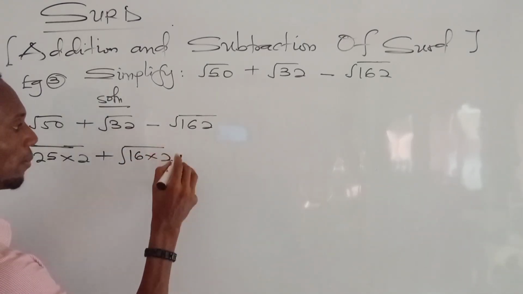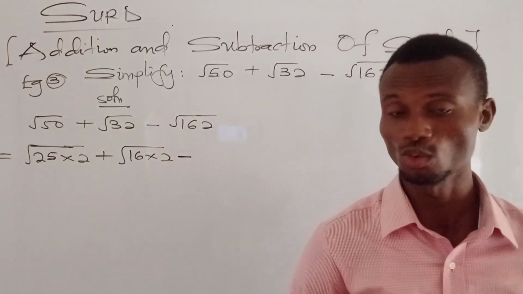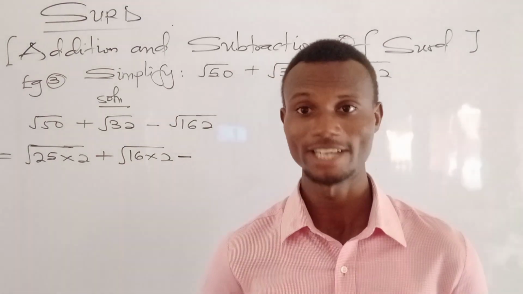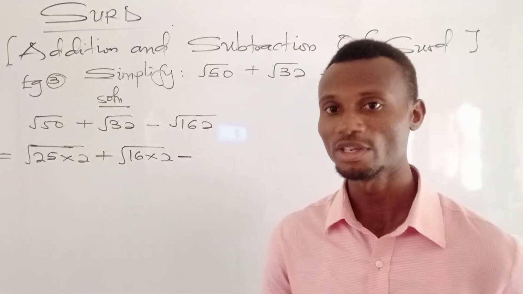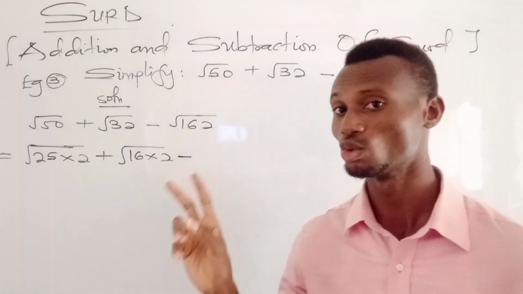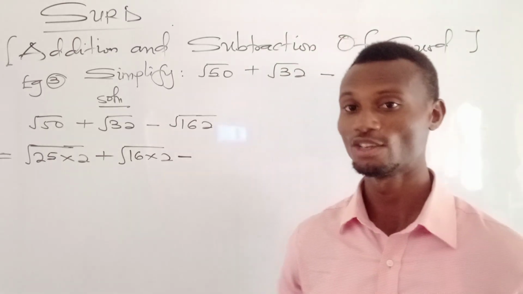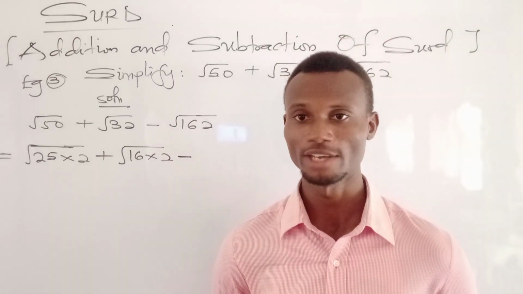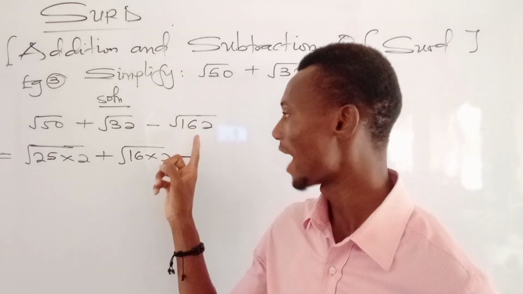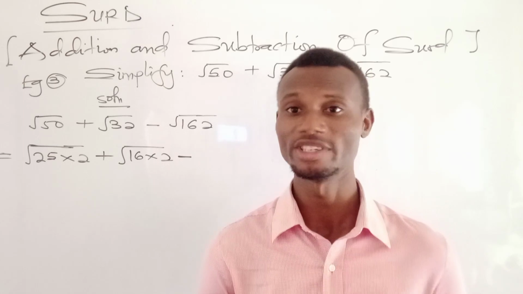Then now minus. Now the square root of 162 also, we are going to simplify it using the same process. You look for two numbers that can multiply to give you 162, but one of the numbers needs to be a perfect square, and the two numbers you can think of will be 2 times 81. 2 times 81 gives 162, and the 81 is a perfect square, so we can use 2 times 81.